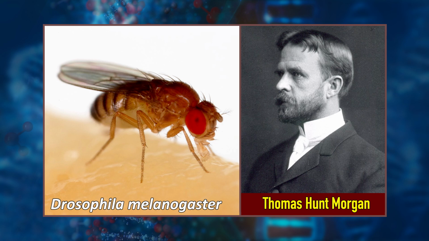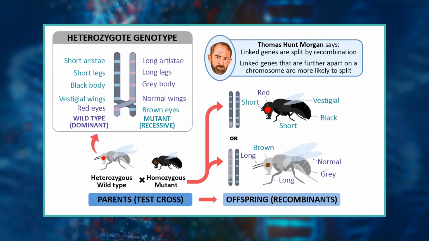Led by Thomas Hunt Morgan and his fellow Drosophilists, geneticists developed the Mendelian model, which was widely accepted by 1925. Alongside experimental work, mathematicians developed the statistical framework of population genetics, bringing genetic explanations into the study of evolution.